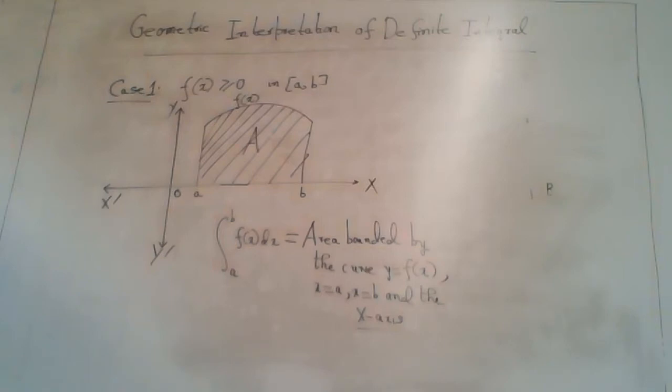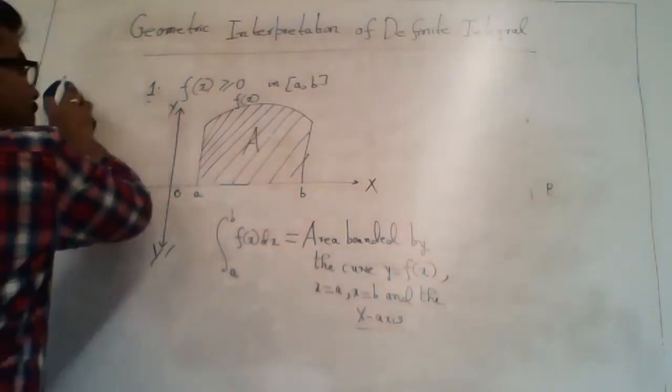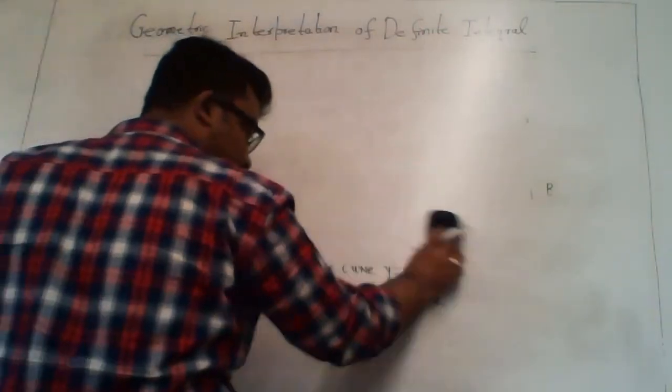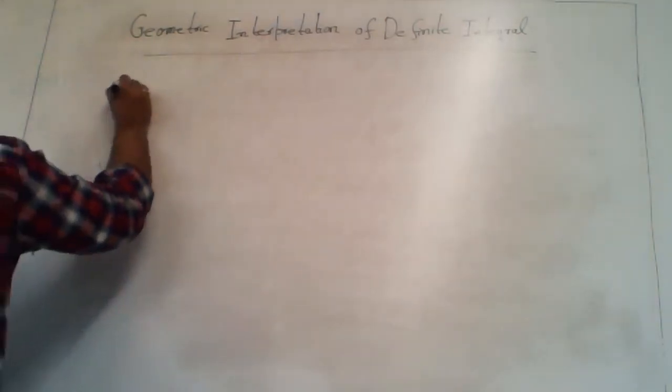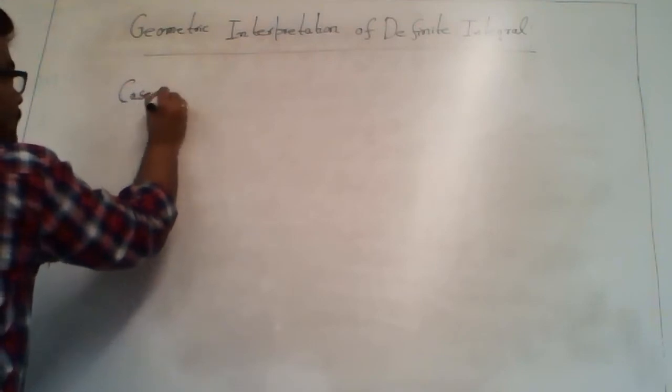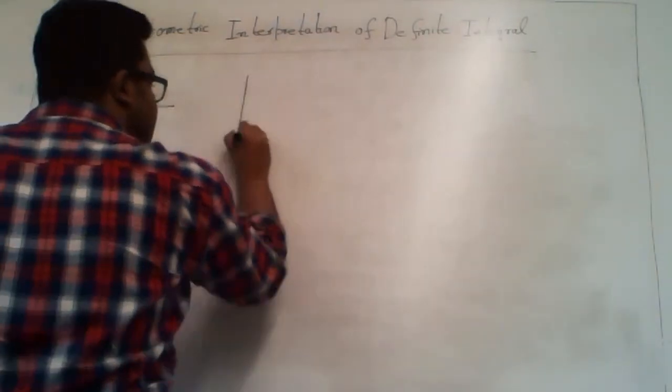Now let's consider the case when the function is sometimes positive, sometimes negative. So case 2. The function is sometimes positive, sometimes negative.